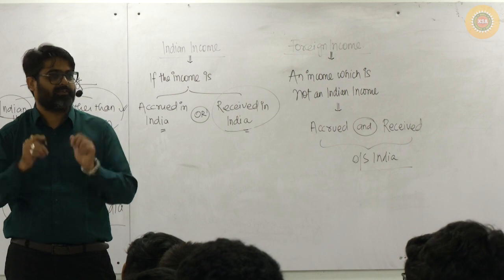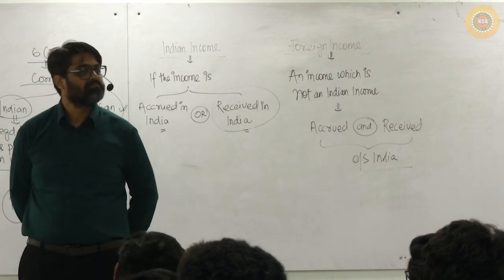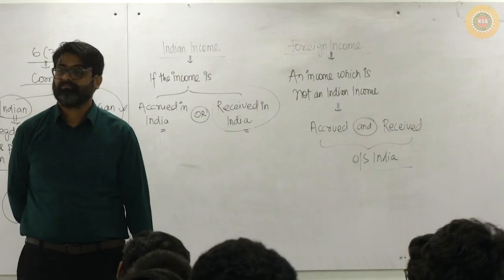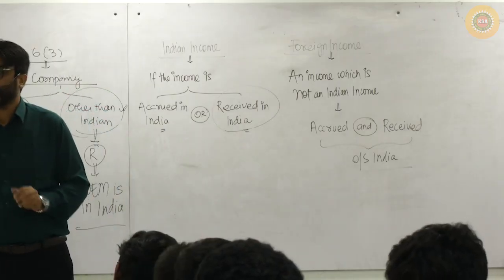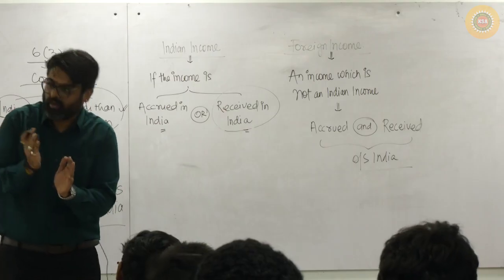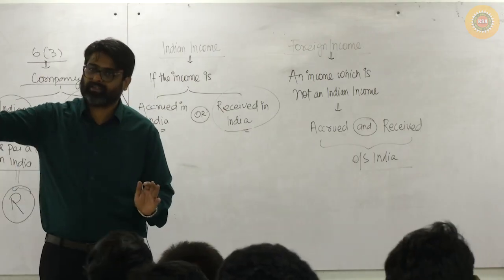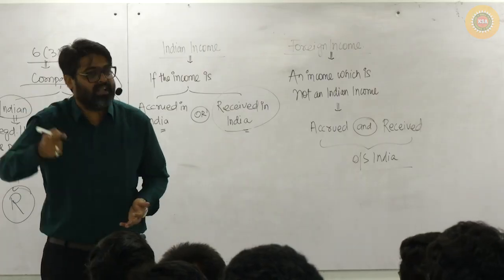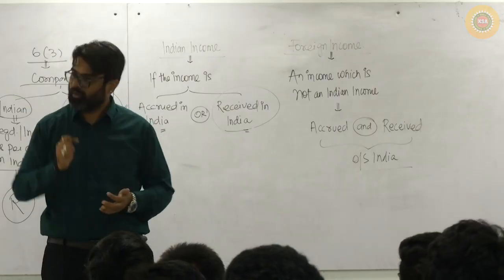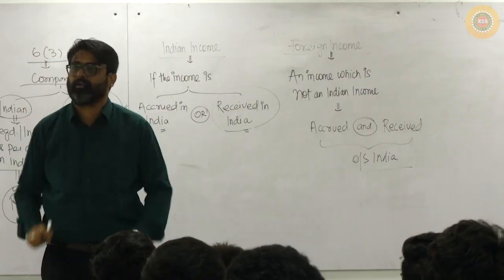In the law, these words are not used. In the law, income is accrued in India or received in India. If you write this, the examiner will understand that you are writing Indian income. No need to specifically tell him. If you write the words Indian income or foreign income, you are not going to get any marks.